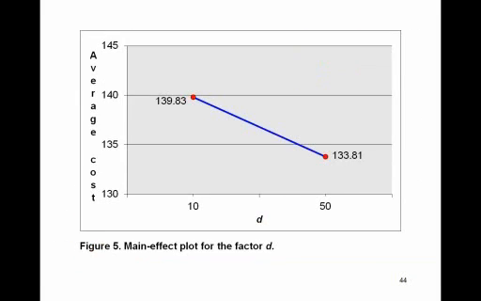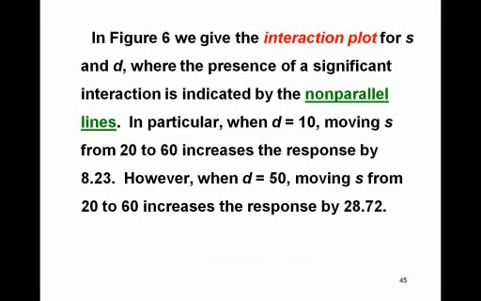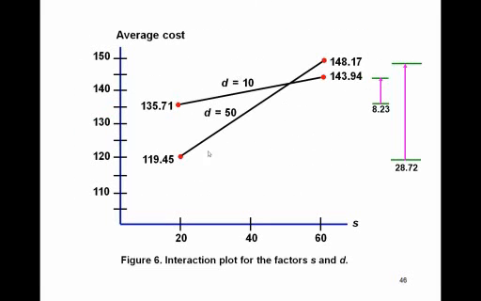So we go over here to page 45. And in figure 6, we're going to give an interaction plot for little s and little d, where the presence of a significant interaction is indicated by the non-parallel lines. So once again, we have little s going from 20 to 60, and we have two different lines.